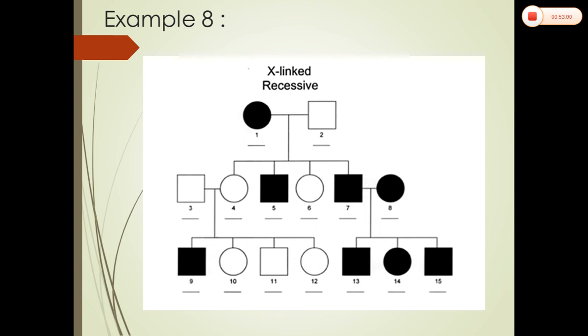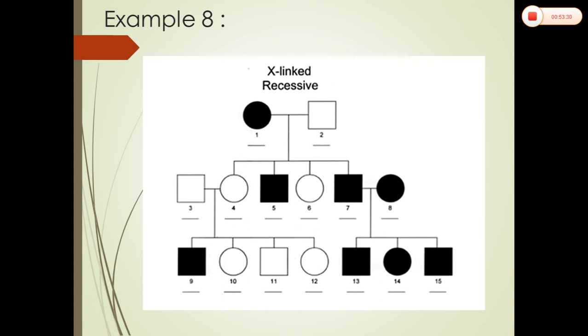In what way do you have to predict this? Can you predict the genotype of the first daughter of the second generation? She is normal, but her son got the trait, meaning she must be a carrier for the trait. She has transferred her recessive gene to the son, so that first son is colorblind, or he has received the gene.